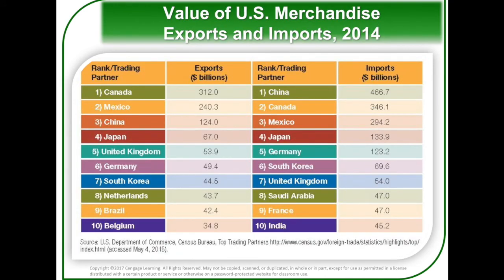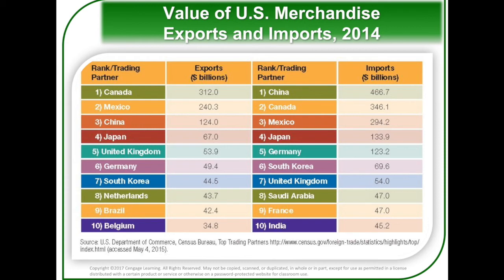Next is the value of U.S. merchandise exports and imports. Again, this was tracked in 2014 on this chart. Number one trading partner, again, still Canada. Going down the line there, it's Mexico, China, Japan, and then the UK, and it goes down all the way to Belgium.